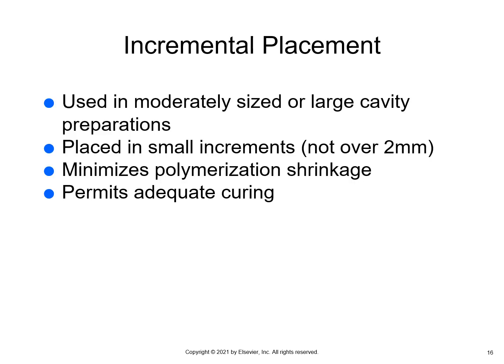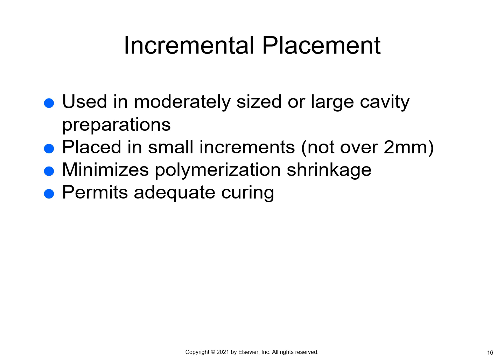We've talked about incremental placement and how important that is for micro leakage. The incremental placement is used in moderately sized to large cavity preps. So an area of deep decay that has been cleaned out, we want to place small increments, not over 2 millimeters at a time, and this is going to minimize that polymerization shrinkage that happens as the resin cures.